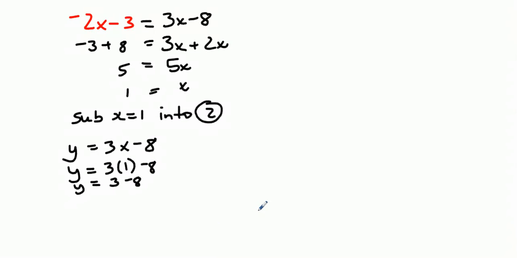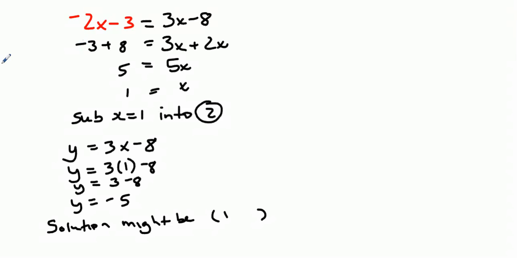So now I've solved for the y and the x, where they're both the same. So I'm going to say the solution might be, and let's order this point. We put the x first, and then the negative 5. So the solution might be 1, negative 5.